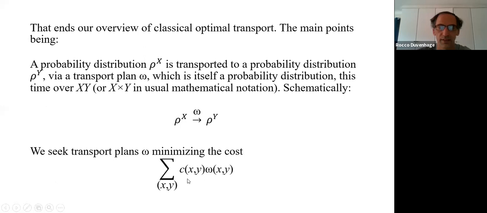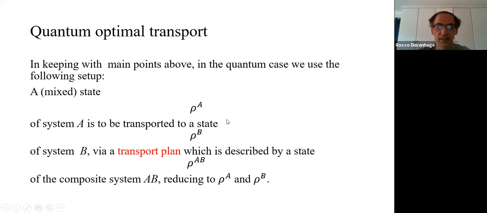So it's exactly this idea: initial state, final state, and the state of the compound system acts as the transport plan. It's exactly that same idea, just the quantum case. State of system A, state of system B, state of the compound system, which again reduces to rho A and rho B respectively. So it reduces to the two system states respectively. And that state is what describes transport from system A to system B.